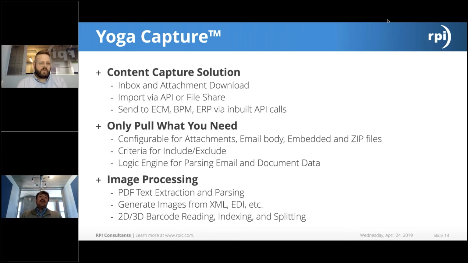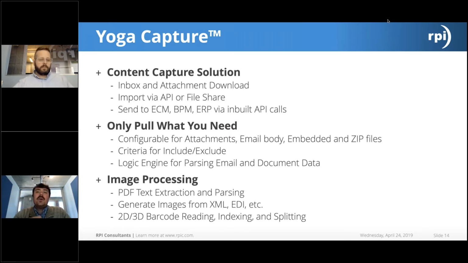Instead of just going in there and blindly pulling emails, we can actually configure inside of Yoga Capture what to look for. To give an example, if I have an inbox where I tell all of my AP users to send invoices, because maybe I'm monitoring that inbox to pull all of my invoices into my system, I can potentially tell the users to put invoice number and then the invoice number in the subject line.